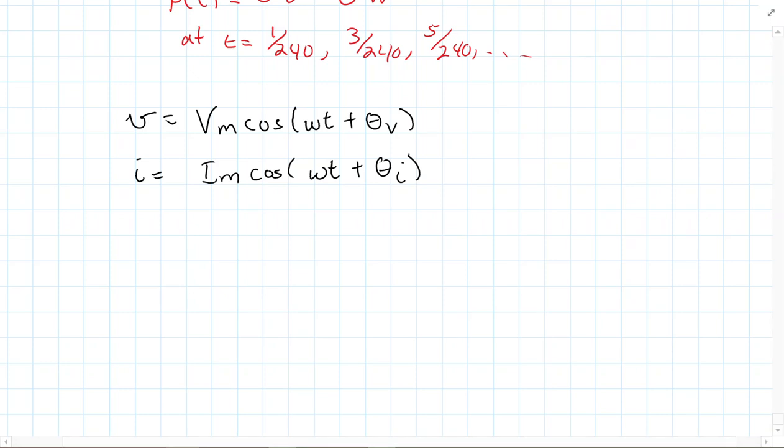Theta v and theta i are just the phase shifts of the voltage and current. Now, just using some basic graph shifting, horizontal shifts, vertical shifts, kind of things like that, these would be horizontal shifts.